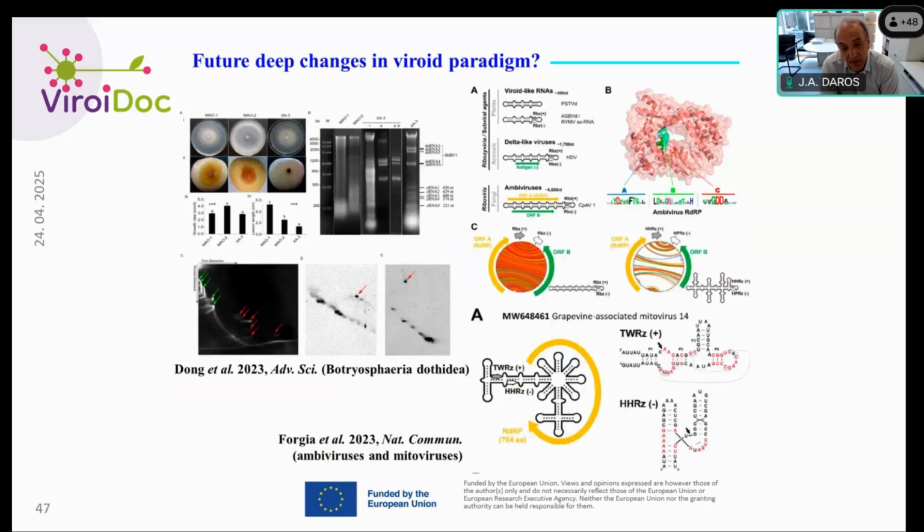I will finish my talk by saying that starting in 2023, an important paradigm, I would say, in viroid biology started to change, because there were two very nice publications showing that viroid-like RNAs can also apparently replicate in fungi.